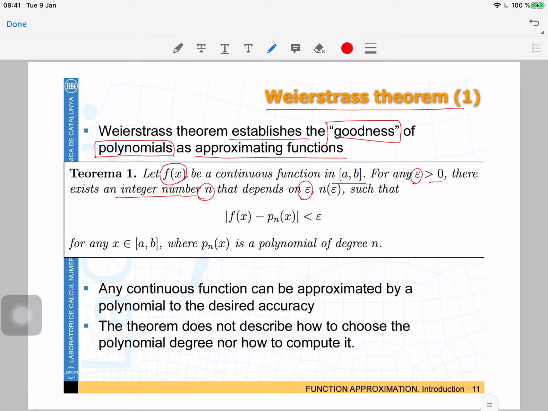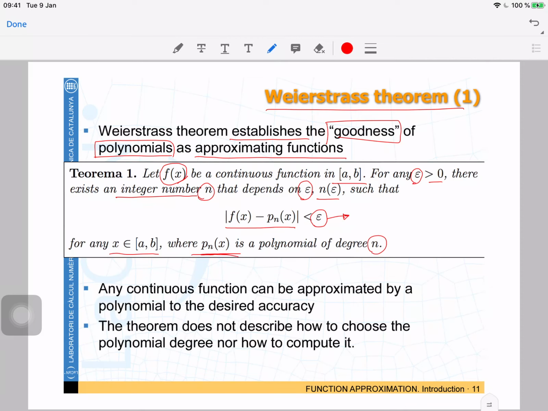So basically we can write n as a function of epsilon such that the difference between f and p is always less than epsilon, and this condition holds for any value between a and b, where this n is the degree of polynomial p.